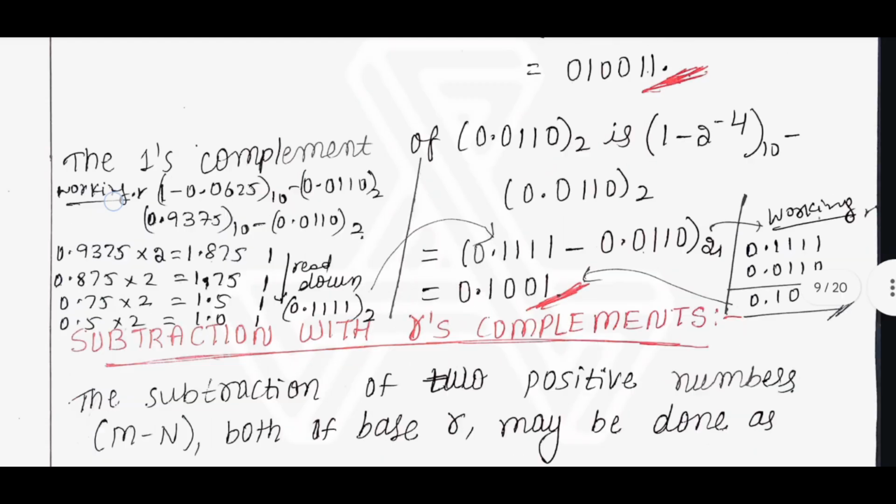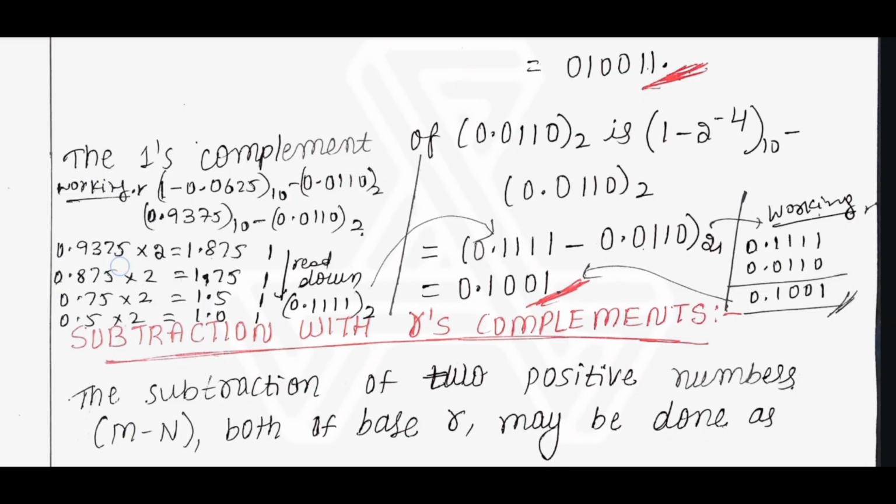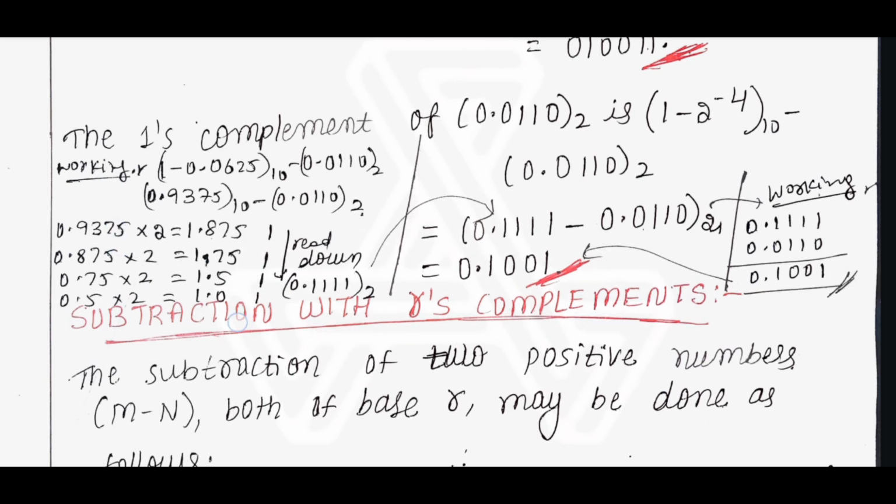We have to convert it into binary form. So 0.9375 times 2, convert it into binary form.